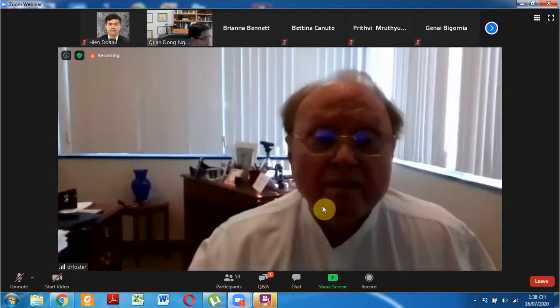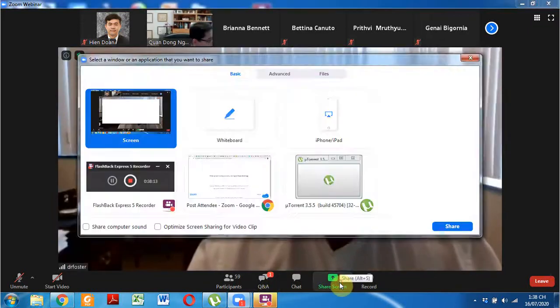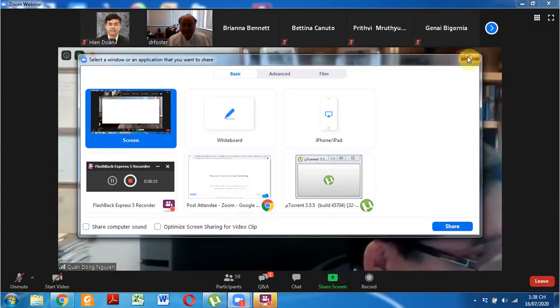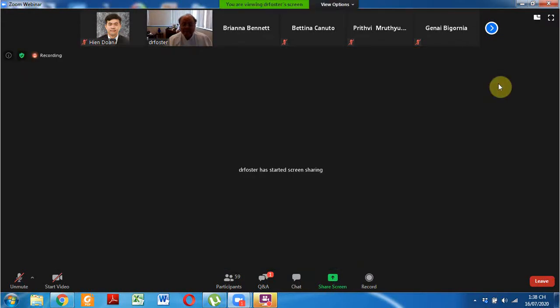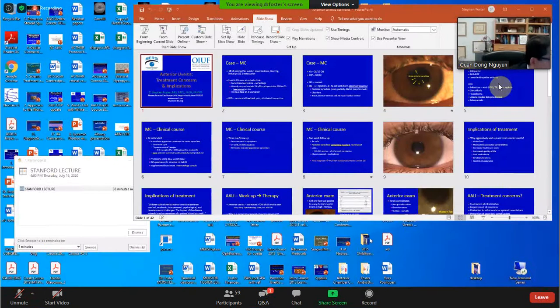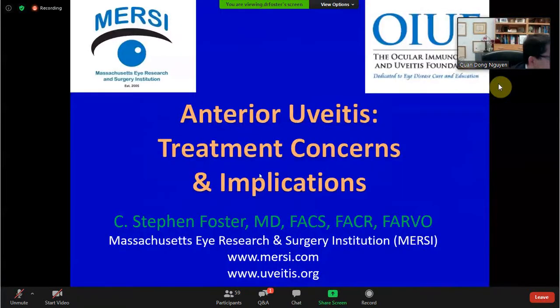Got it. Okay, I think you click on the share screen and then that should work. Yes, great. And now you go to the slide presentation mode. Yes, perfect.